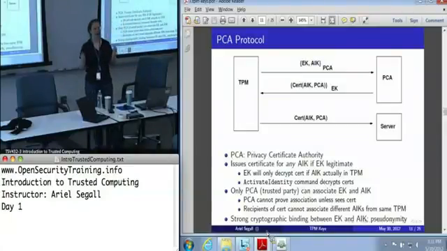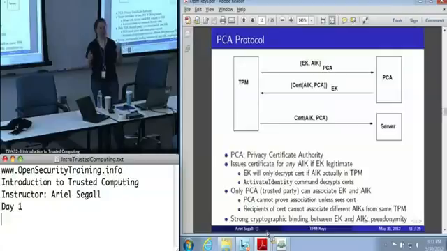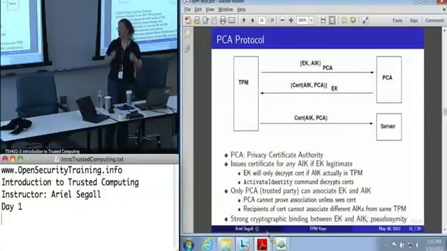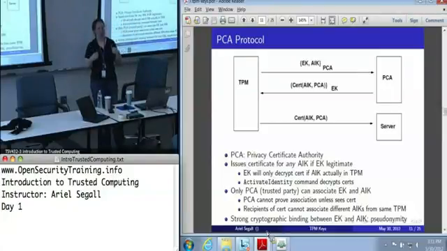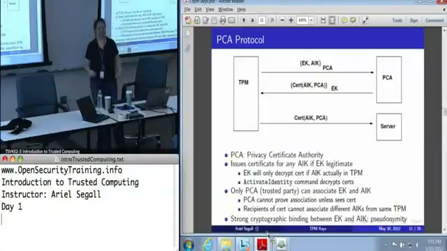It will then encrypt that certificate to the endorsement key. This is the one thing the endorsement key does: when that encrypted blob gets to the TPM, it will say, is this AIK loaded in this TPM? If it is loaded, which is to say we know that it's our key, then the endorsement key will decrypt that package and unlock the certificate.